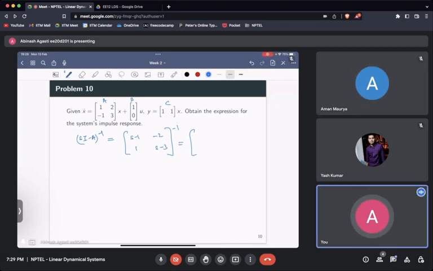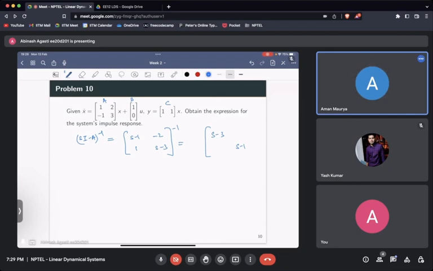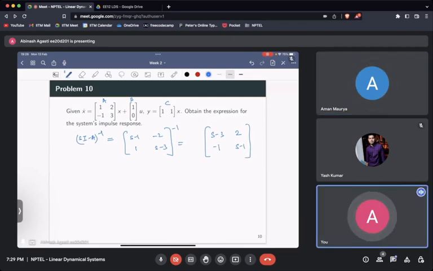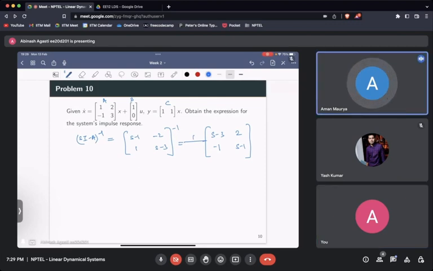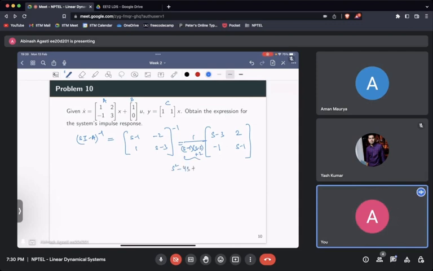Yeah, please. Yes. Plus 2, minus 2. And divided by, so this is s square minus 4s plus 5.